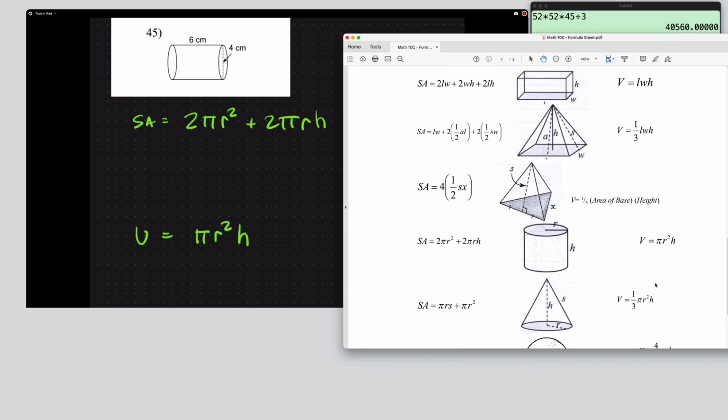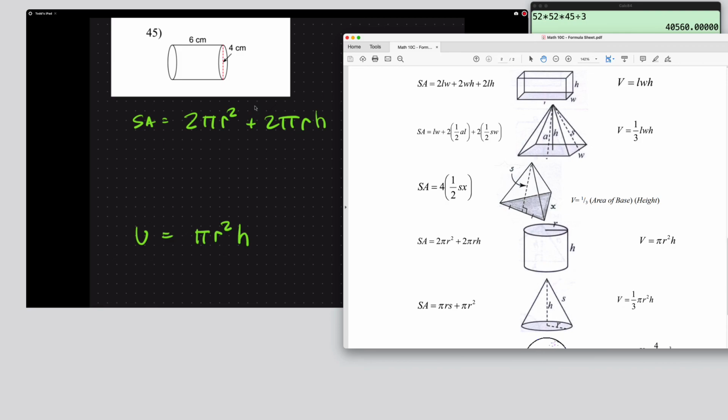Okay, and this will be really simple. The only part of this question that might trick somebody is when you see the height is going to be this 6 centimeters right there, so that's the height, but that's the diameter, not the radius. You can see that this red line is going all the way through, so that is the diameter.